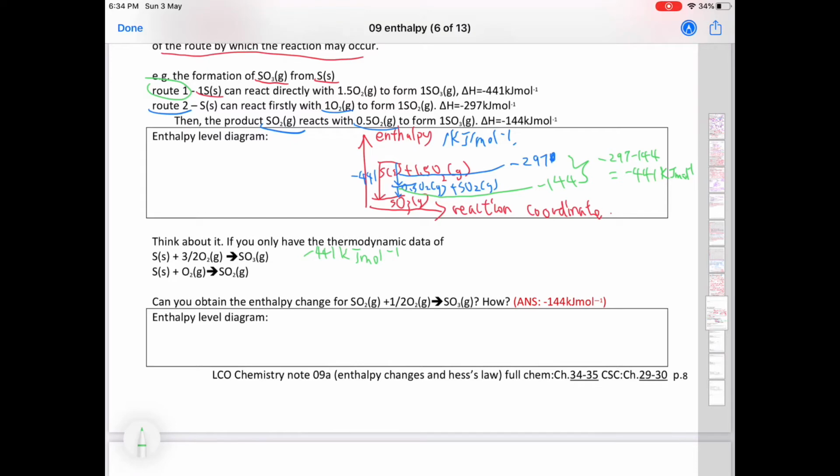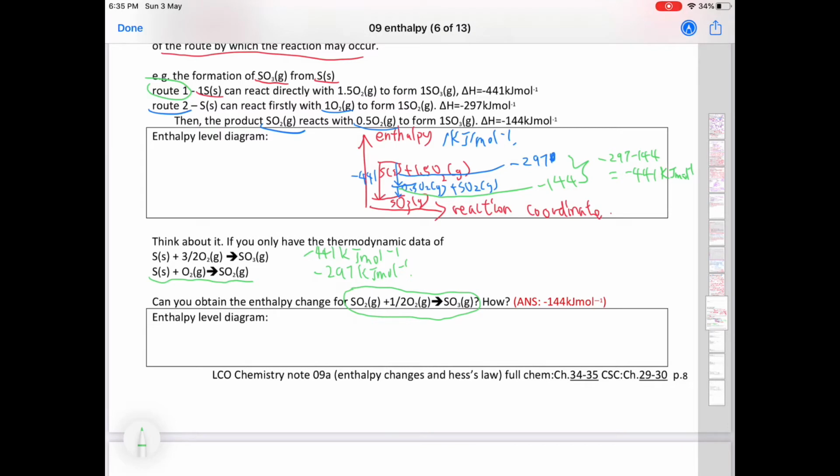And then the second data is that we know the enthalpy change when S reacts with 1 O2 to form SO2 is negative 297 kilojoule per mole.